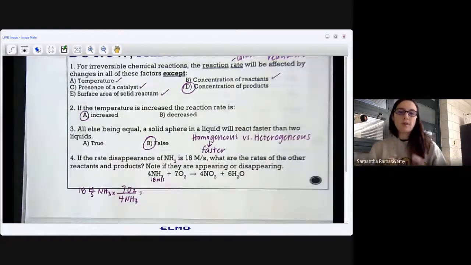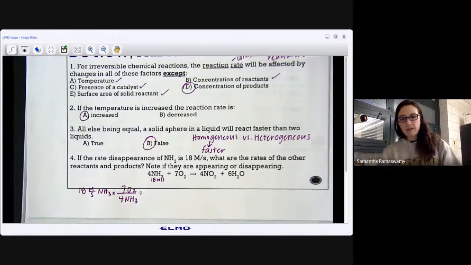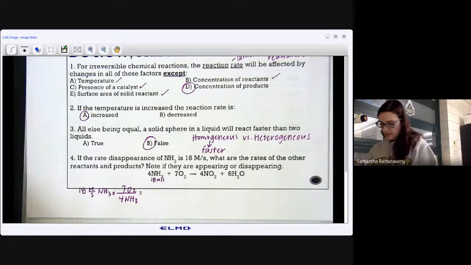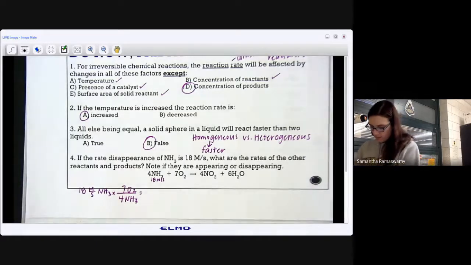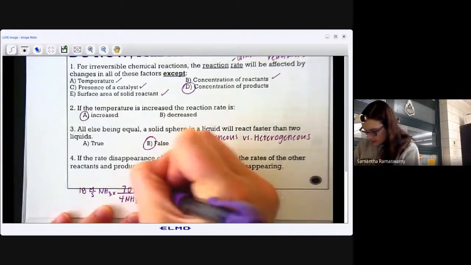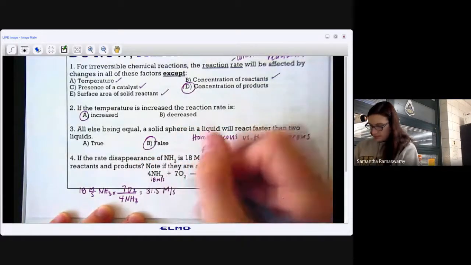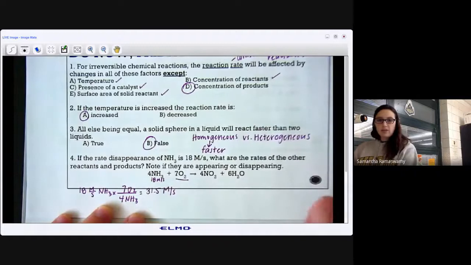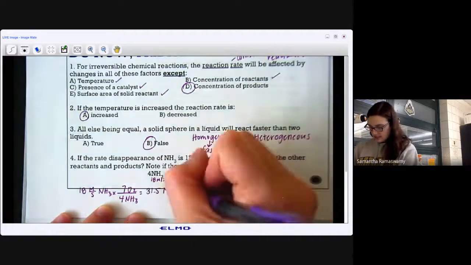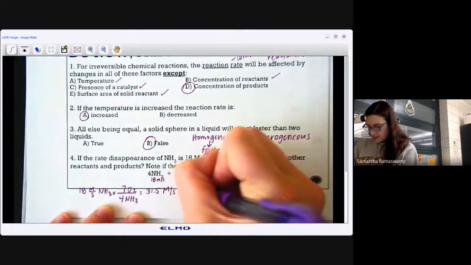Remember, when you're looking at rate of appearance and rate of disappearance, we use the stoichiometry because this is average rate. So 18 times 7 divided by 4 is 31.5 molar per second. Again, this is a reactant, so this is disappearing.